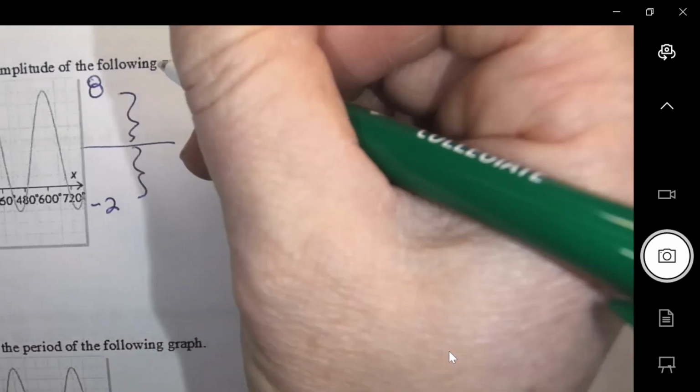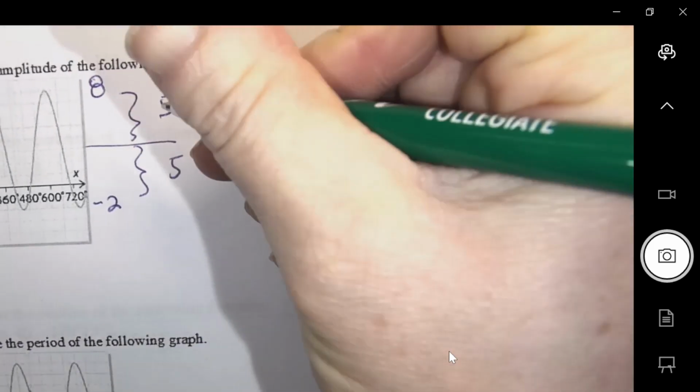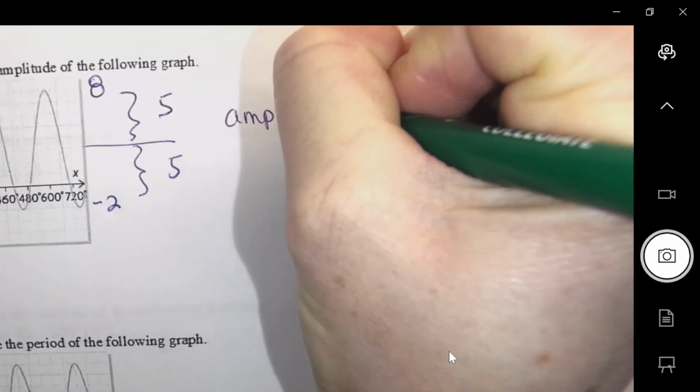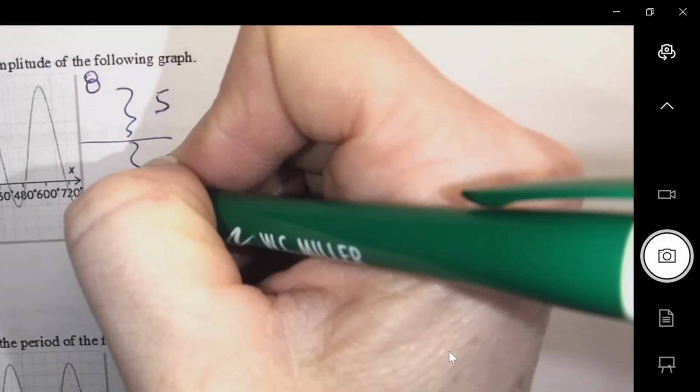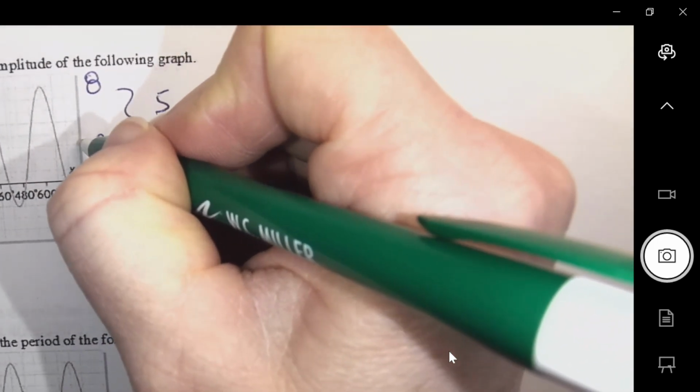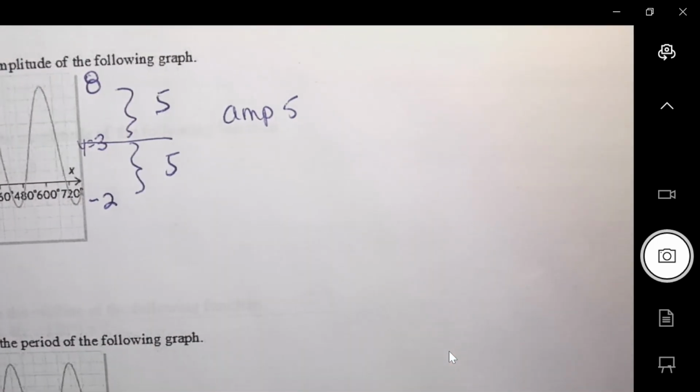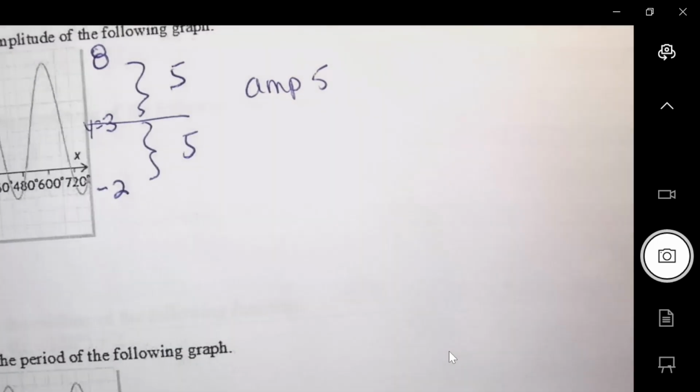So each one would be 5. A space of 5 and a space of 5. Or some of you might have written the middle was 3. Maybe you did that first and then figured it out. But I might only give you a range and then ask you what the middle is and things like that. So you have to be able to kind of play around with those numbers.